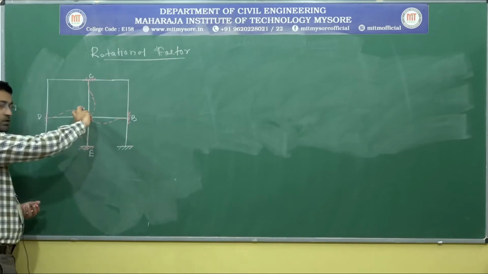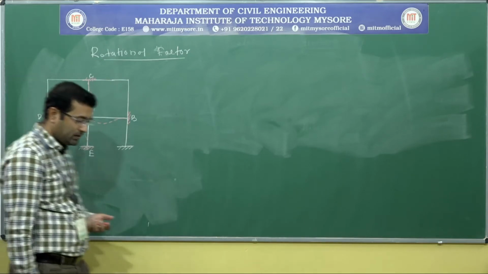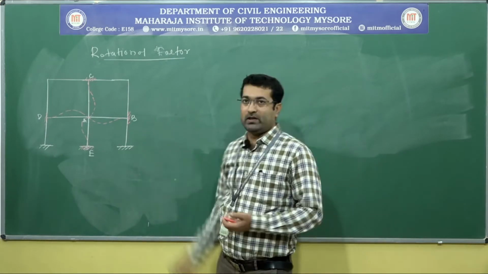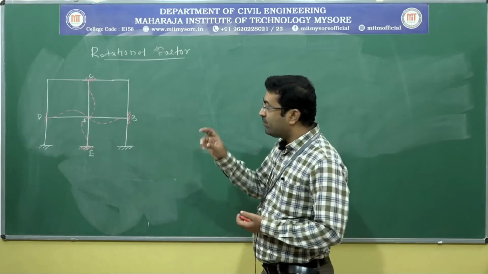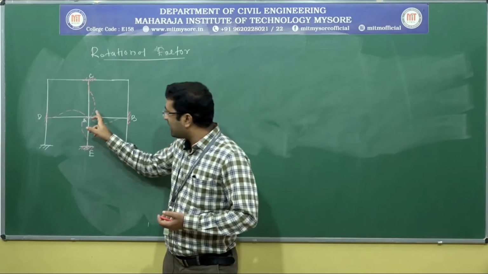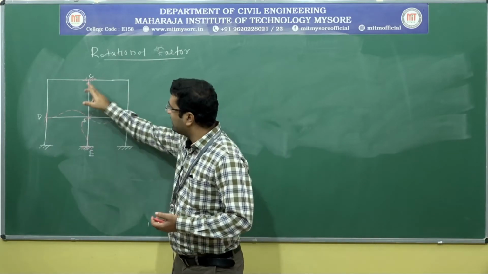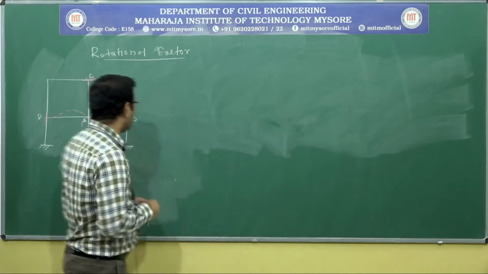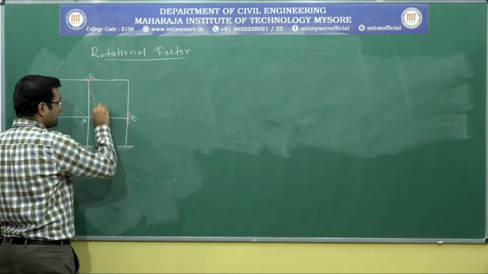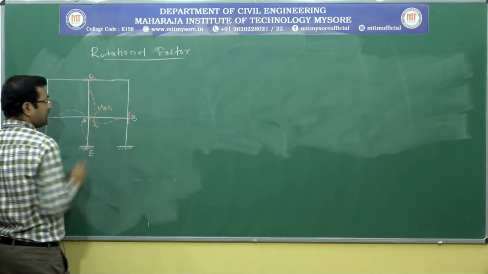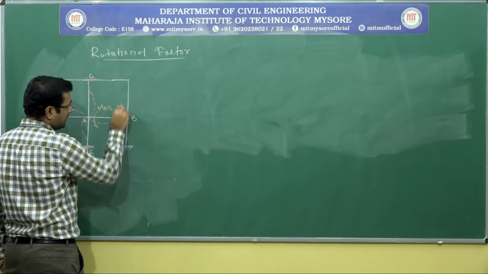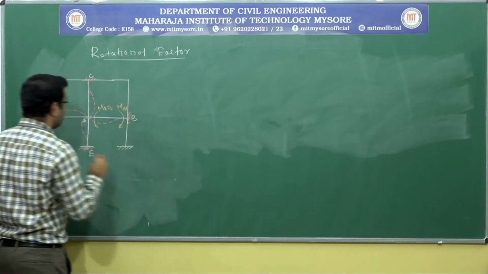Now the joint A has undergone a rotation of 1 unit. Because of this rotation, there will be a development of bending moments at the ends of each span. That is, there will be a development of bending moment here as well as here, here, here. At all the locations, there will be a development of bending moment. Let us call this MAB. Similarly, there will be a development of moment here, MBA, which I am not worried about at this point.